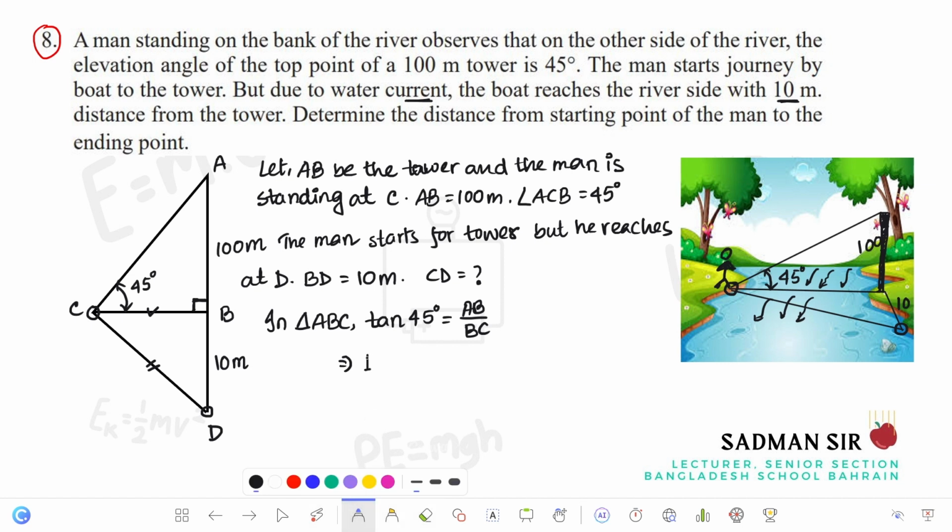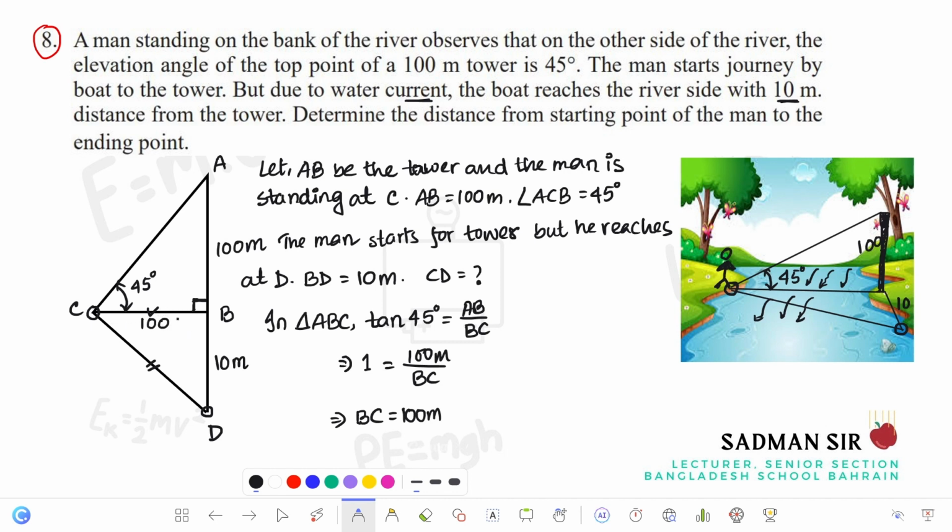So we put the value 1 equal to AB, which is 100 meter, and BC we have to find out. If I cross multiply, BC equal to 100 meter. So now we know the length of the side BC, right? So if I write 100 here, that is also okay.